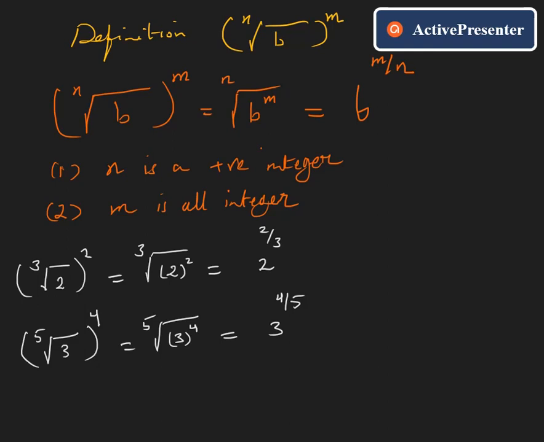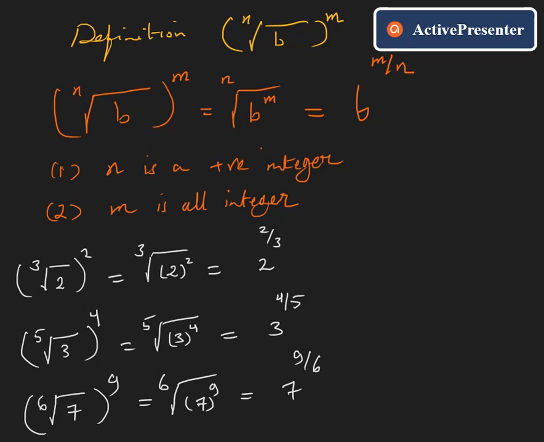Another example: the sixth root of 7 all to the power 9 is equal to the sixth root of 7 to the power 9, which is eventually equal to 7 to the power 9 over 6.